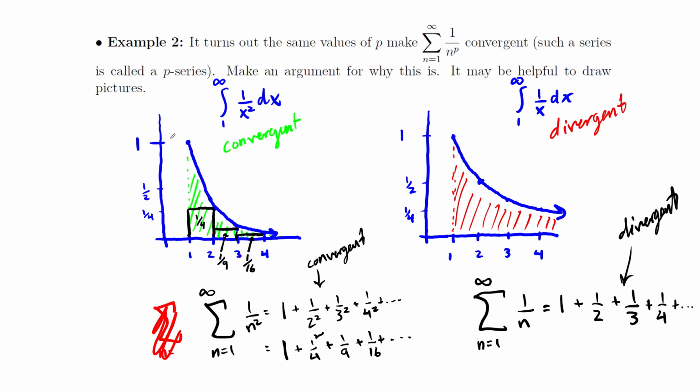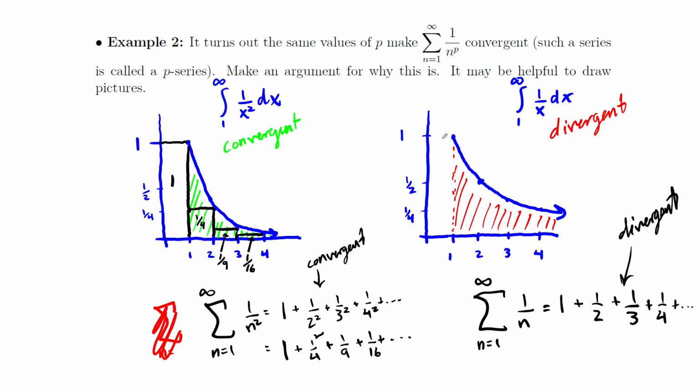Well, sure, I left one out, but if you have a finite total area here, then there's nothing wrong with adding one single rectangle with an area of 1. So that's how this idea of a series relates to this idea of the improper integral.